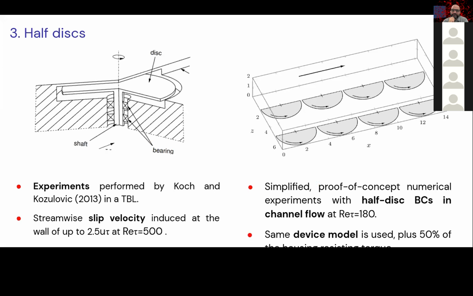So the drag reduction they observe is generally comparable, in that their Reynolds number range is from 250 to 500, and instead our simulation is at 180.